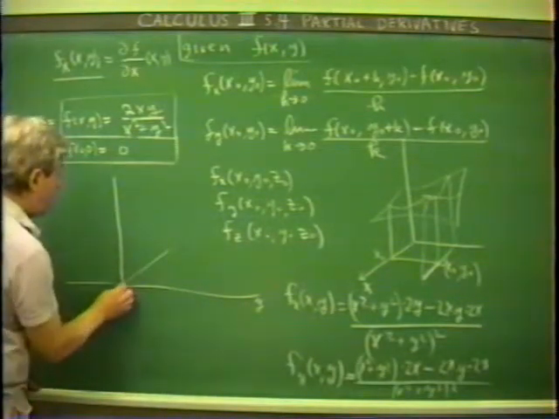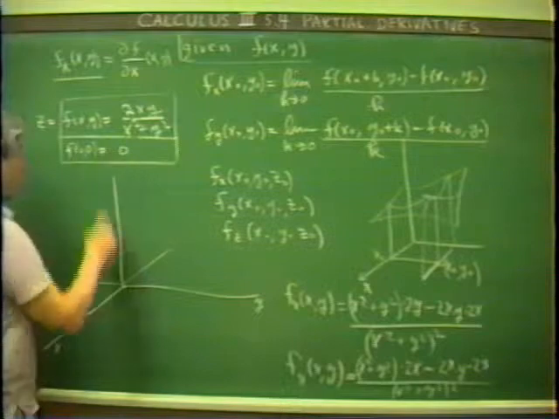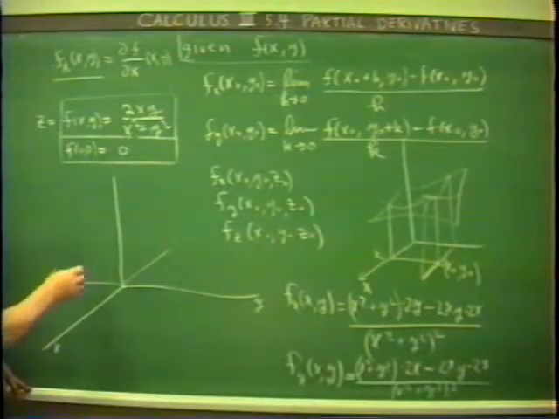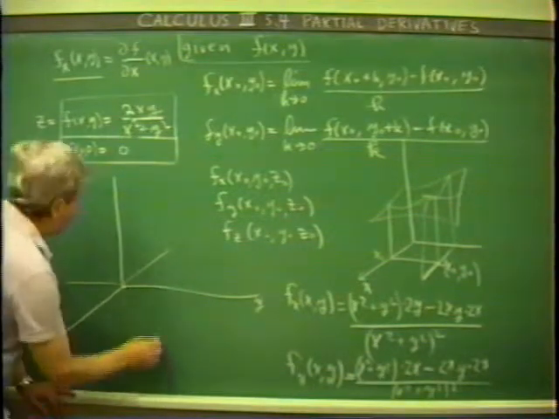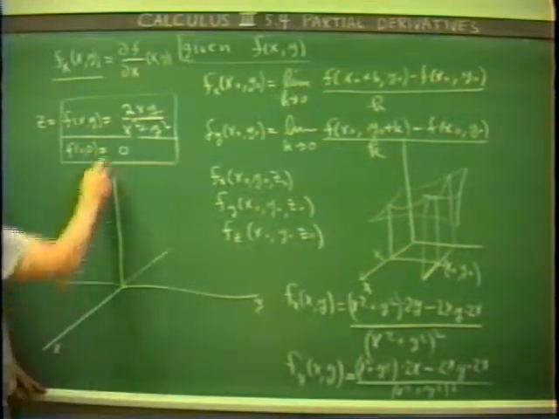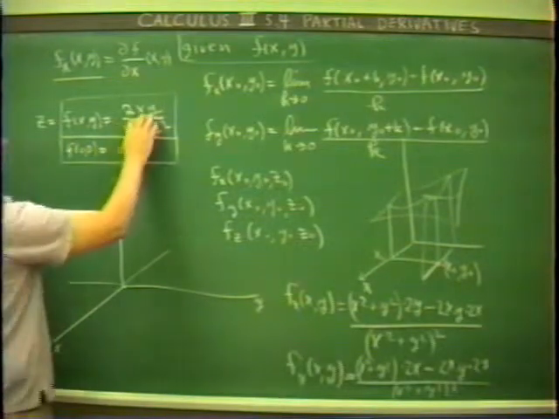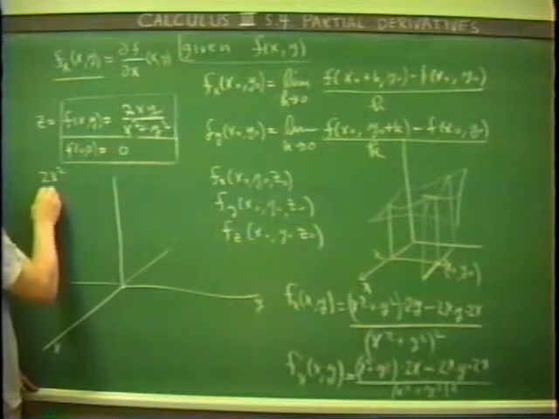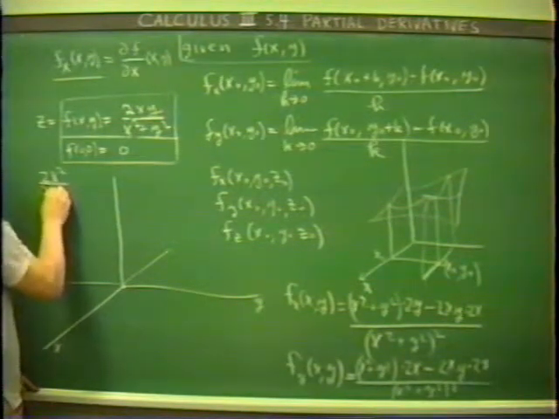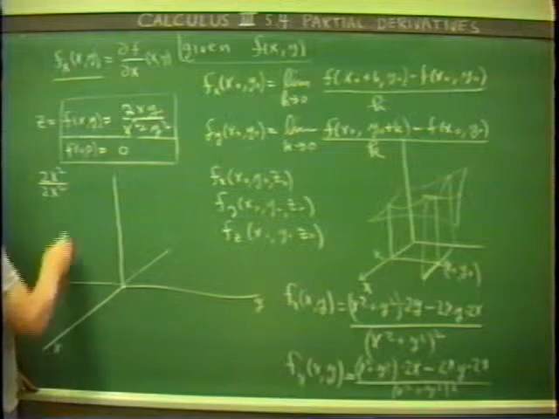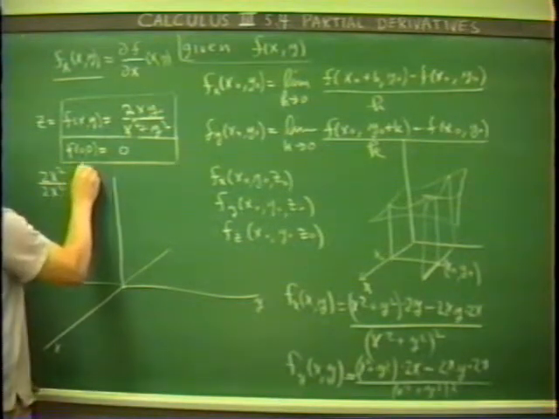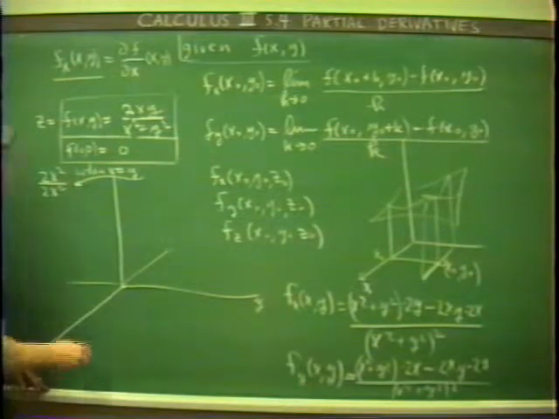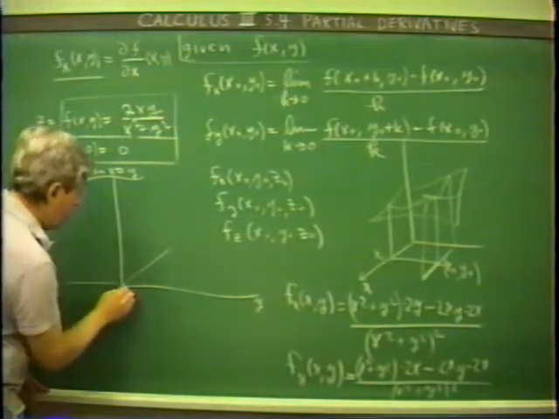This function has partial derivatives at every point. The partial derivative at 0 is equal to 0, both the partial with respect to x and the partial with respect to y. But what does the function look like? Well, if we let x equal y in this expression, we find that we're looking at 2x squared over 2x squared.